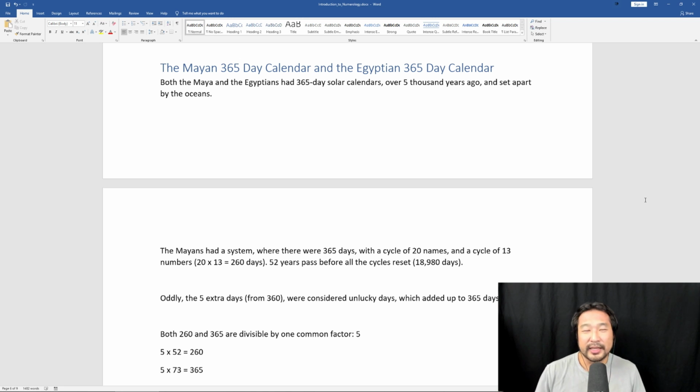You would think our years would be 360 days. But that's not the case. Over 5,000 years ago, both the Maya and the Egyptians had 365-day solar calendars. And they're set apart by oceans.